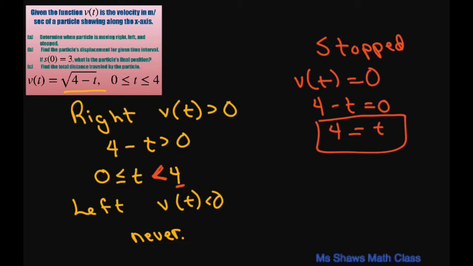All right, so now we're going to find the displacement, and since we don't have a left, this one's not as hard as some of the other ones we've done. So the displacement just equals the integral from 0 to 4 of square root of 4 minus t dt.